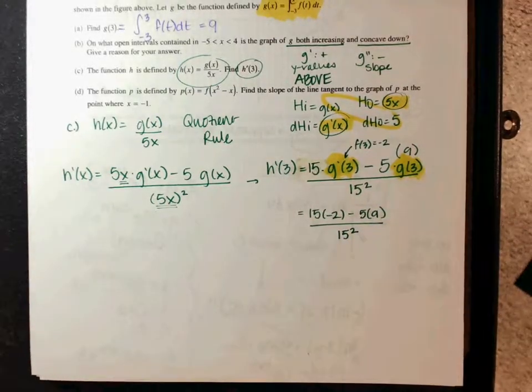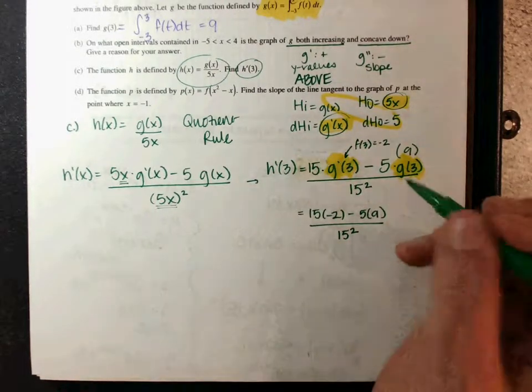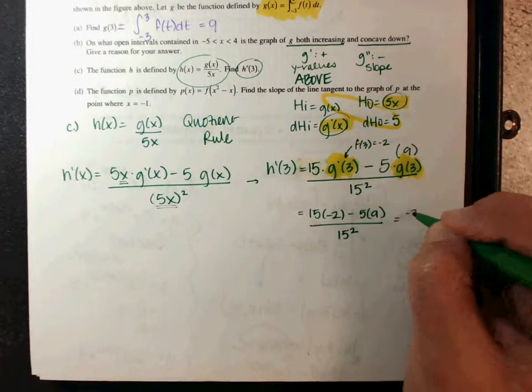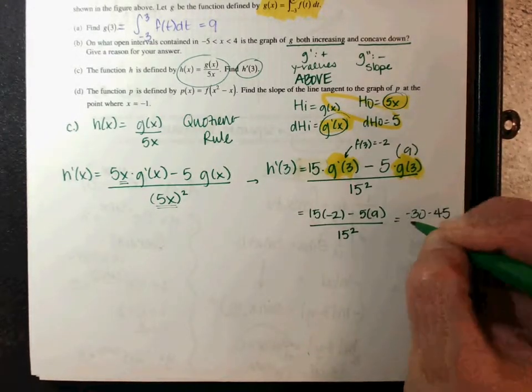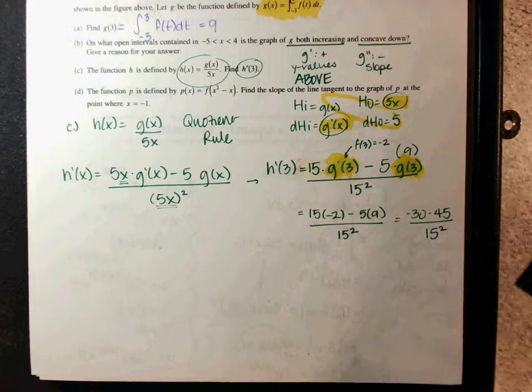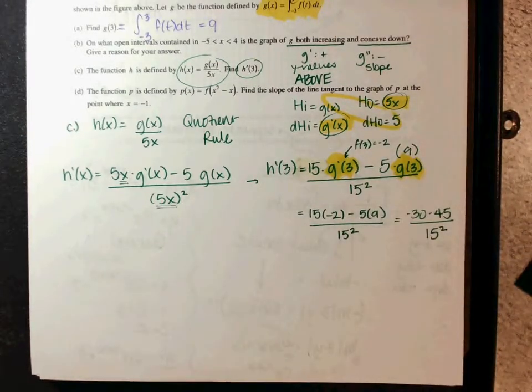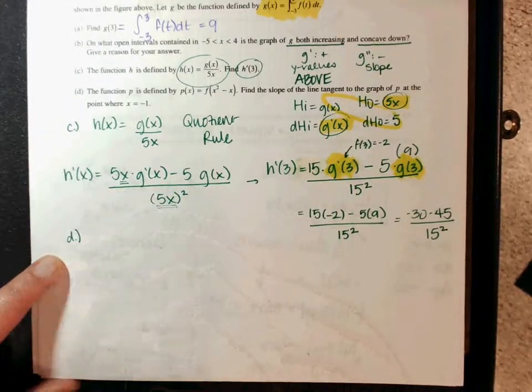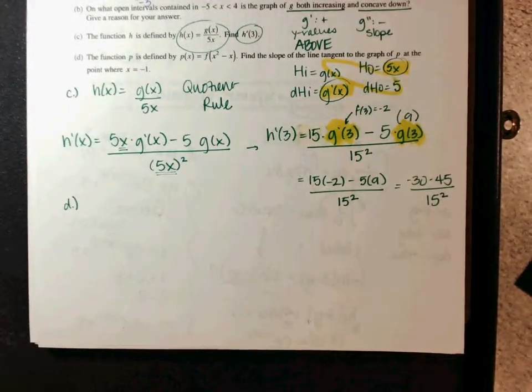And if you wanted to reduce that more, you could, but it would not be necessary. That'd be negative 30 minus 45 and then over 15 squared. Okay, and you could probably reduce that eventually, but since it's an FRQ, who cares? Don't waste your time and don't risk making a mistake.